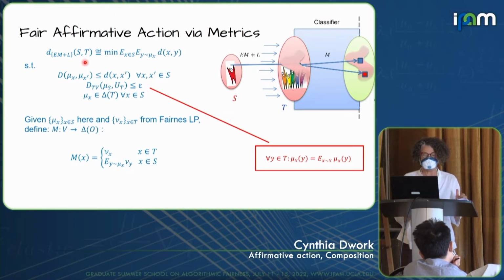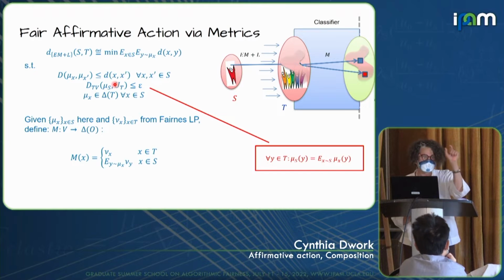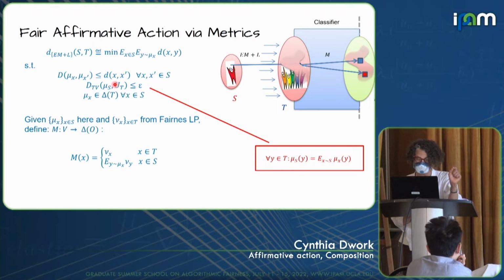We want to minimize this such that the difference in the distributions that are given to individuals in S should satisfy the Lipschitz constraints on these two elements in S. And then the total variation distance we want to be bounded by some epsilon.